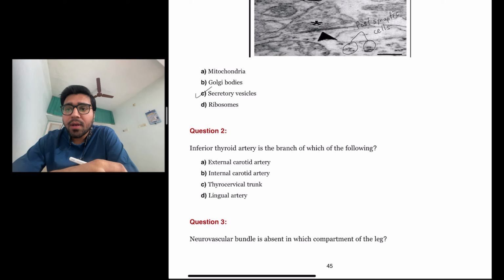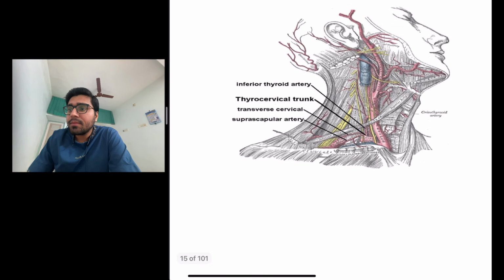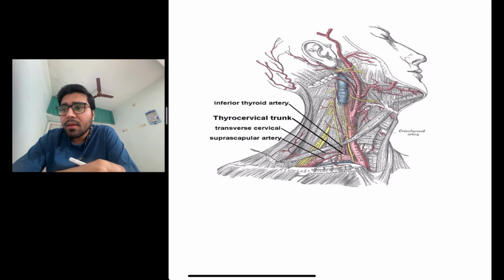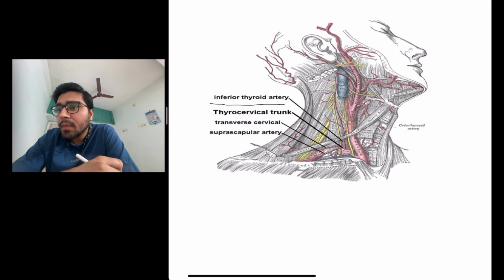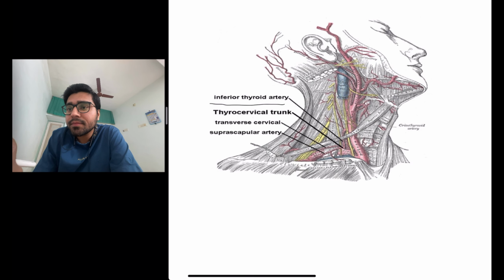So for answering this kind of question, let us see what is the arterial supply of the neck. This is the figure that you should remember to solve this question. This one is the inferior thyroid artery. This figure is directly telling that the inferior thyroid artery is the direct branch of the thyrocervical trunk.